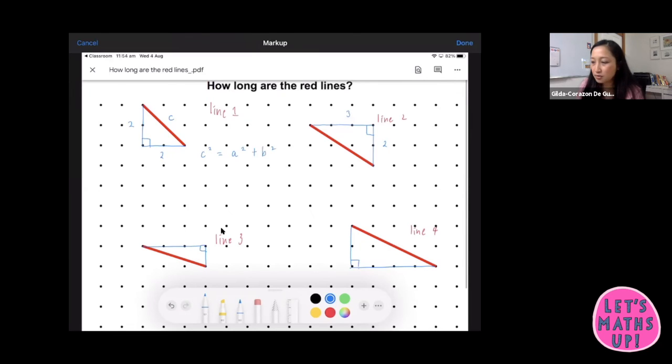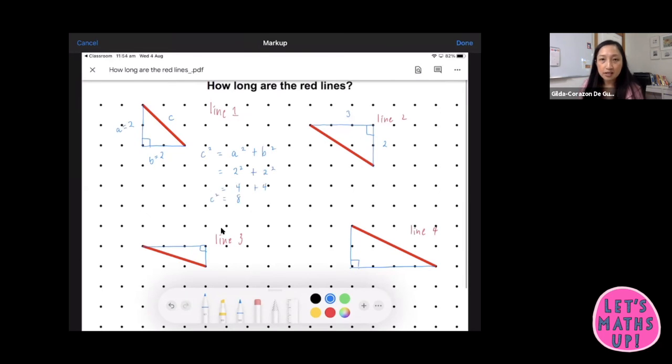And again, it doesn't matter whether this is a or that's b or the other way around. So then I would replace the value of a there, which is 2, and the value of b there, which is also 2. What's 2 squared? That's 4 plus 4, that is 8.